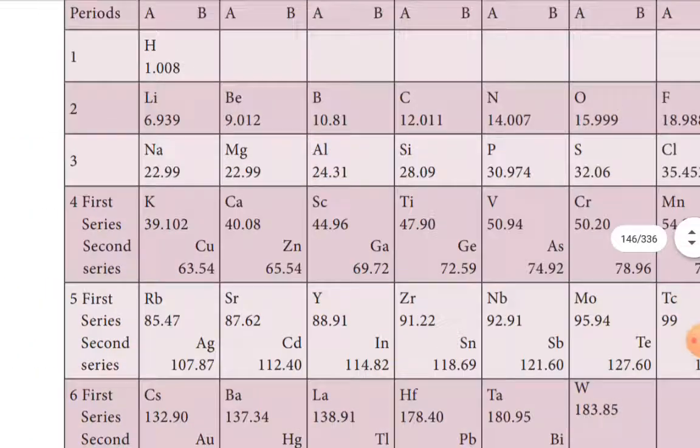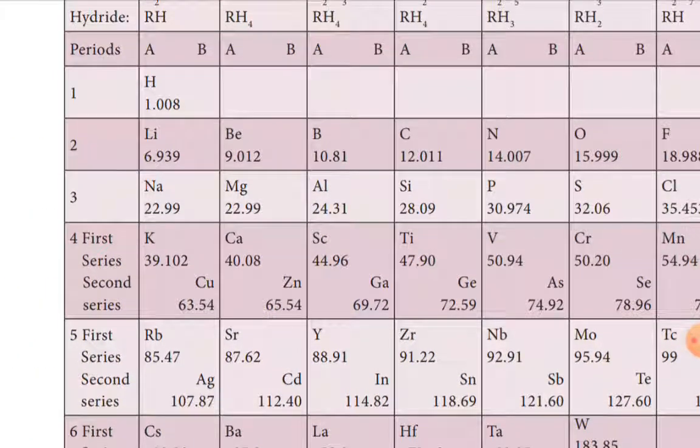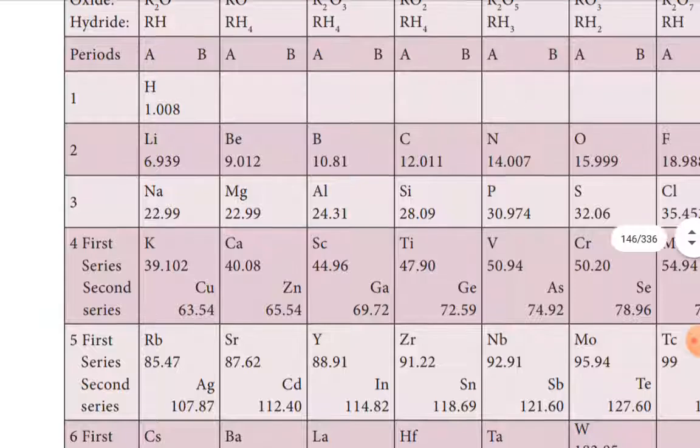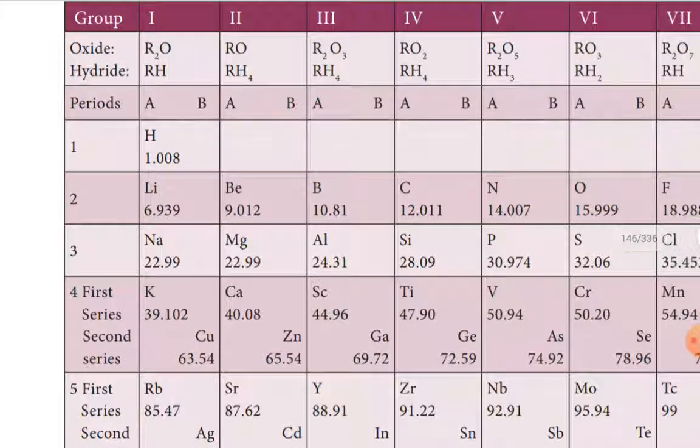You can see the first column: hydrogen, lithium, sodium, potassium, rubidium. Hydrogen is a non-metal, a gaseous element, but that place is not actually for hydrogen.